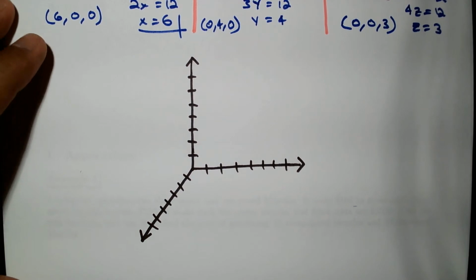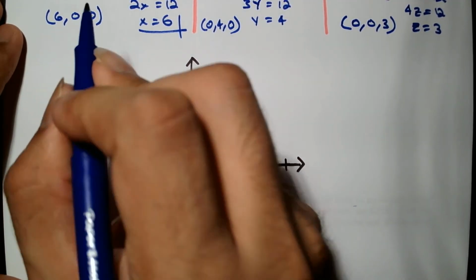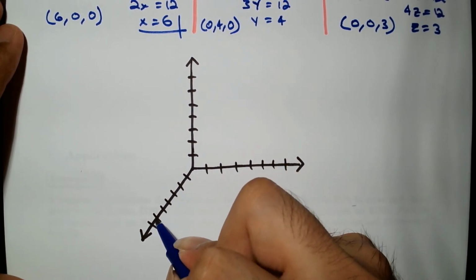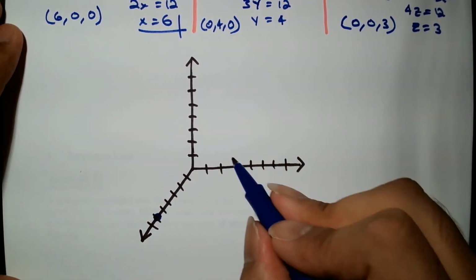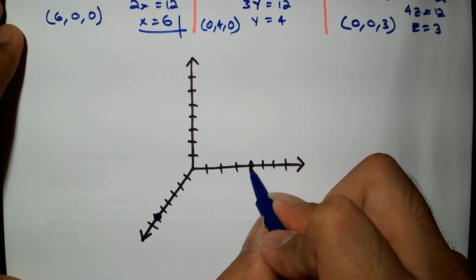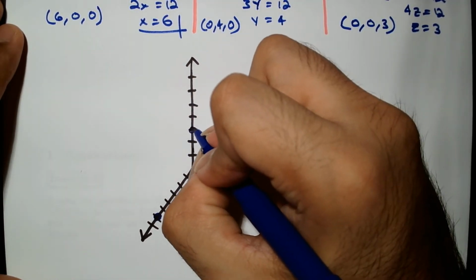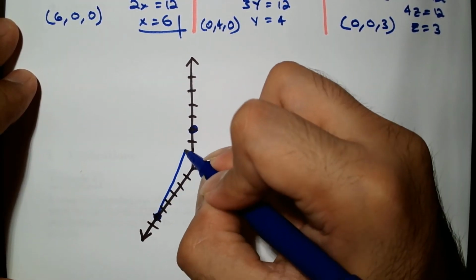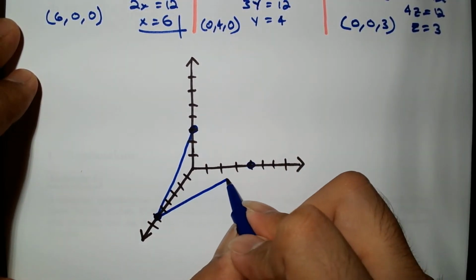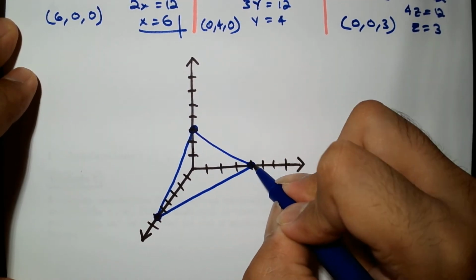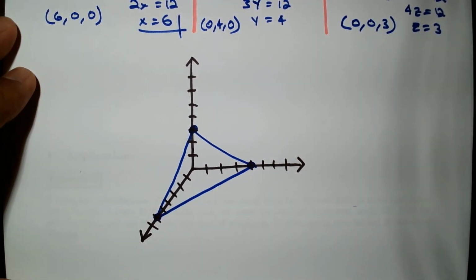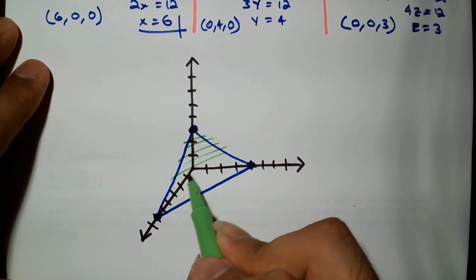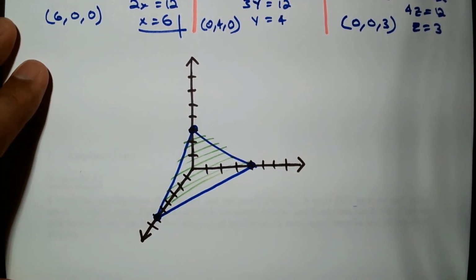So we're going to graph the x-intercept. I'm going to go 1, 2, 3, 4, 5, 6. That's 1 here, and then 1, 2, 3, 4 in the y direction and 3 in the z direction. And we are going to draw the triangle here that corresponds to the plane intersecting these 3 points. And if you want to give some effect here, by all means.